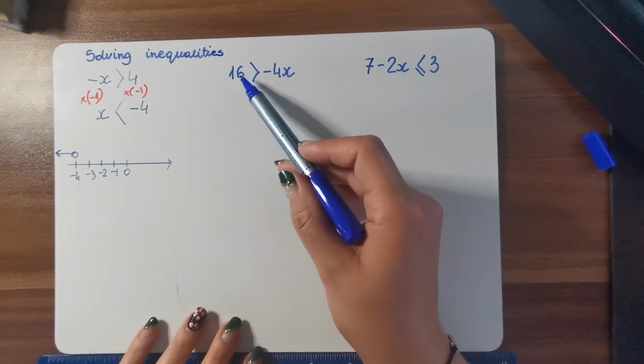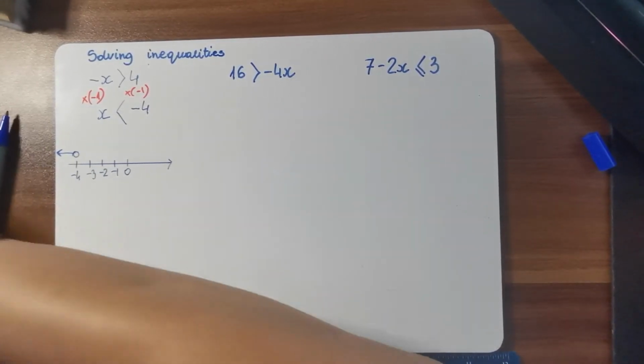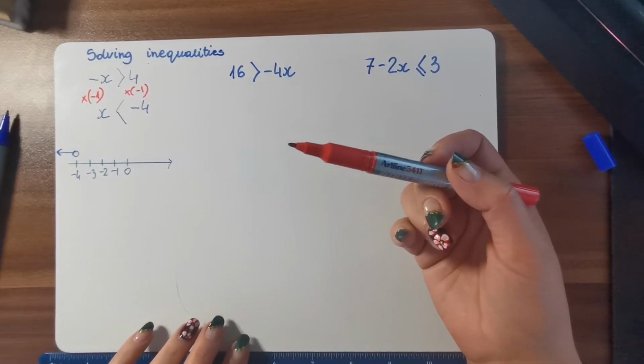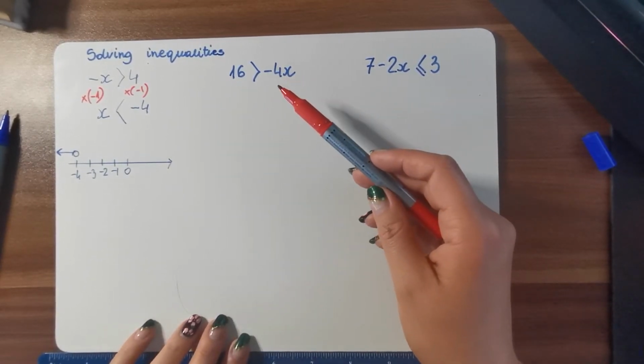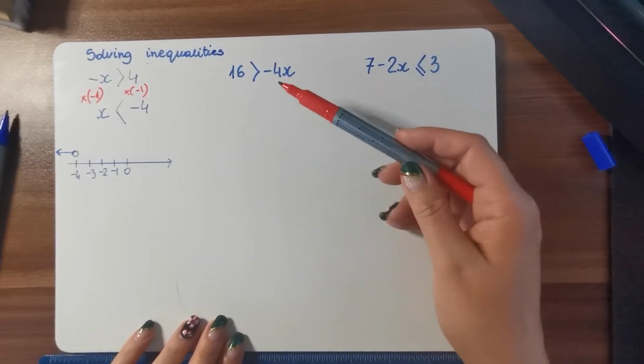Next example, we have 16 is larger than negative 4x. There are two, maybe even more, but two easiest ways to solve this inequality. I will show you the first one, and in a second the second one.